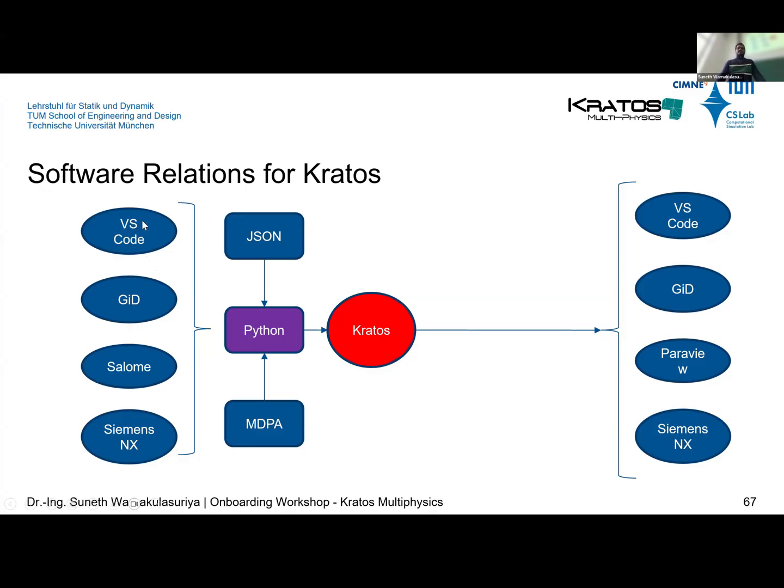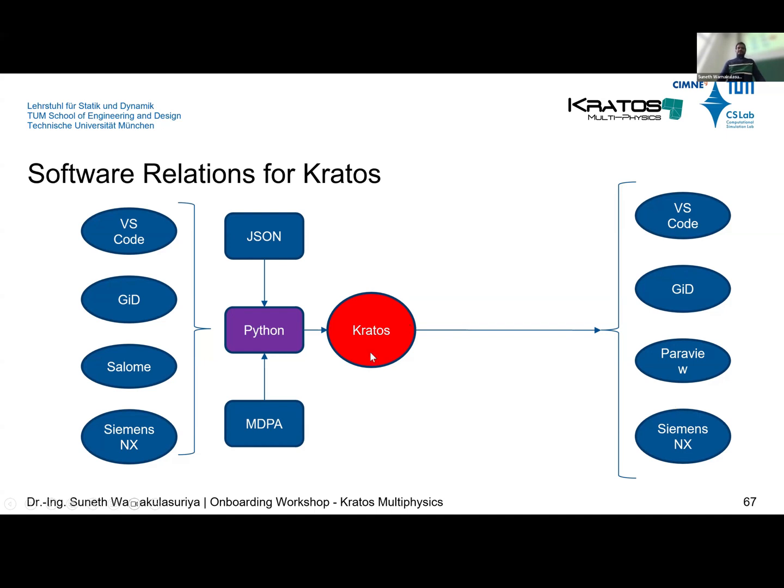All of these provide input to the Python along with JSON and MDPA, or Medfile in the Salome case. Then the Python executes Kratos utility files or whatever methods you want to use in Kratos. Then Kratos generates output which can be interpreted from any of these. That's what we did until now.